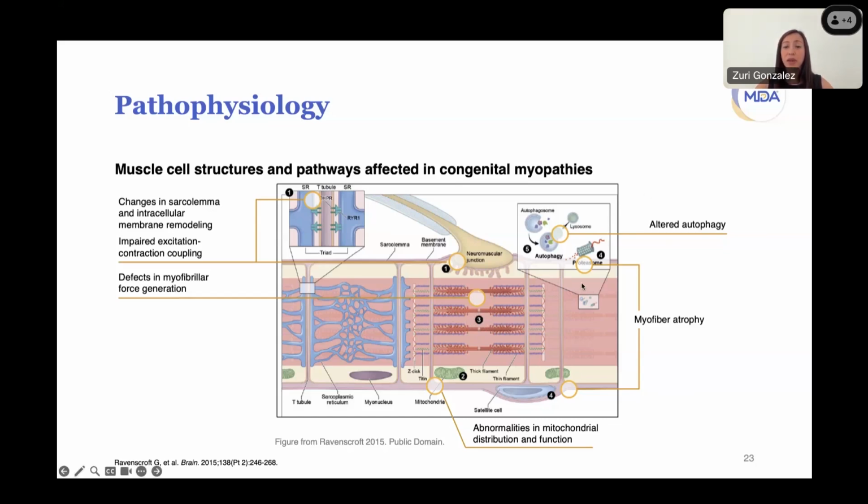And lastly, number 4 and number 5, any sort of abnormality in the autophagy and atrophy of the muscle fiber can also lead to congenital myopathies.